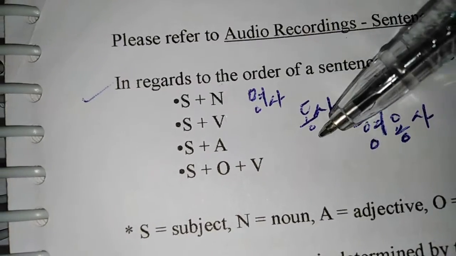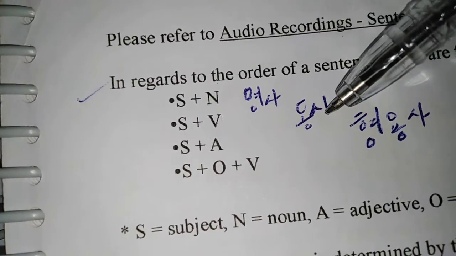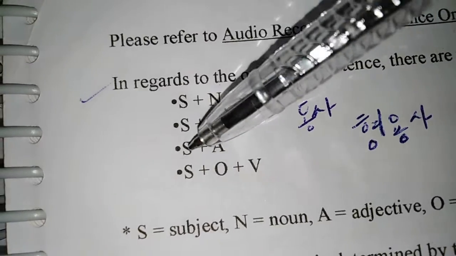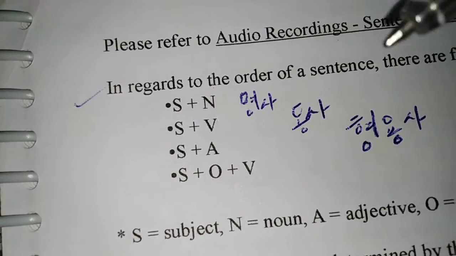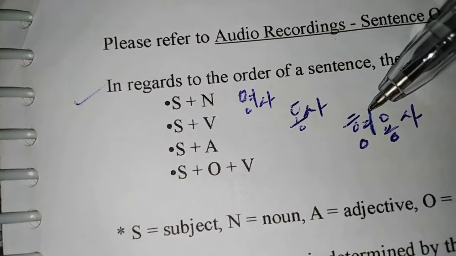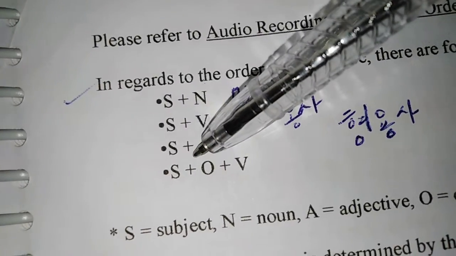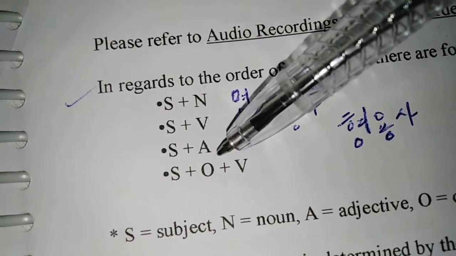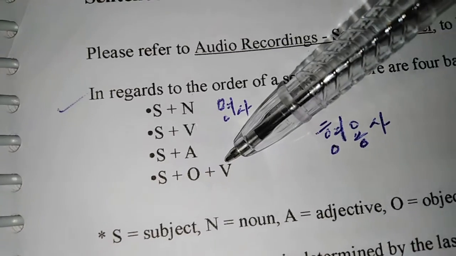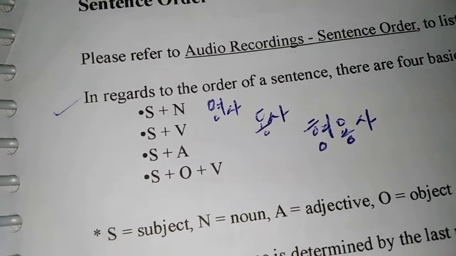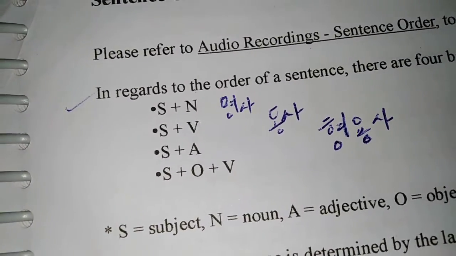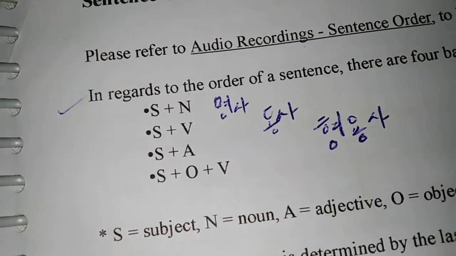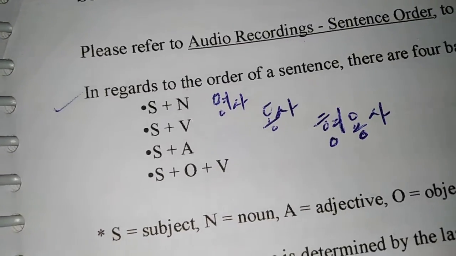Verb is also called 동사 in Korean, that's what is written here. And subject plus adjective, which is also called 형용사. Then we have subject plus object plus verb. So we'll be seeing the examples of all these different types of sentences.